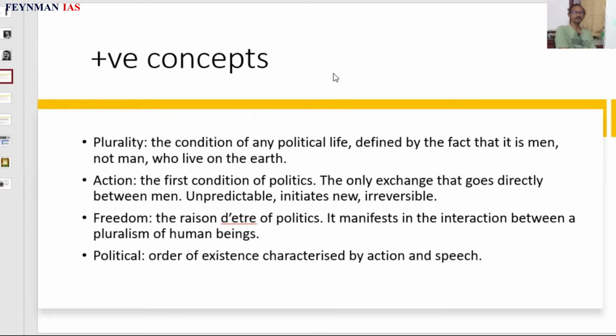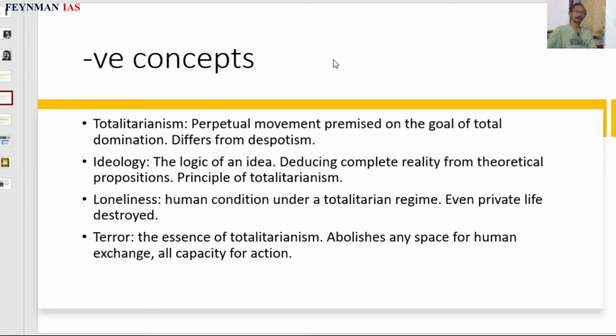So essentially, plurality, action, freedom, and political are used positively, centered around the idea that there is a space among the people. And there are negative concepts.